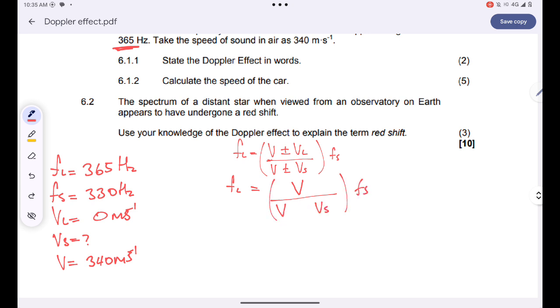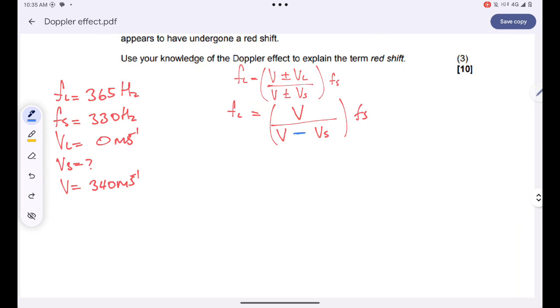At the bottom I will have the speed of sound as well as the speed of the source, multiplied by the frequency. But now all I need to know, guys, is which sign I am going to use over there. Since the source is moving towards the listener, I will use a negative sign there at the bottom. Are you together? Then all I have to do is just substitute.